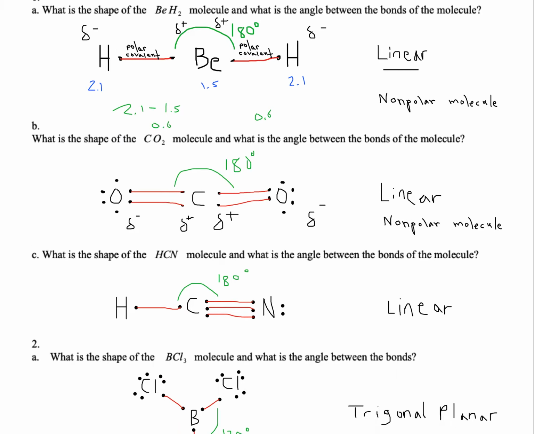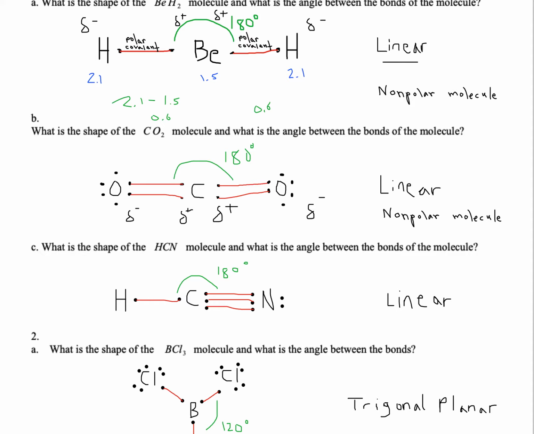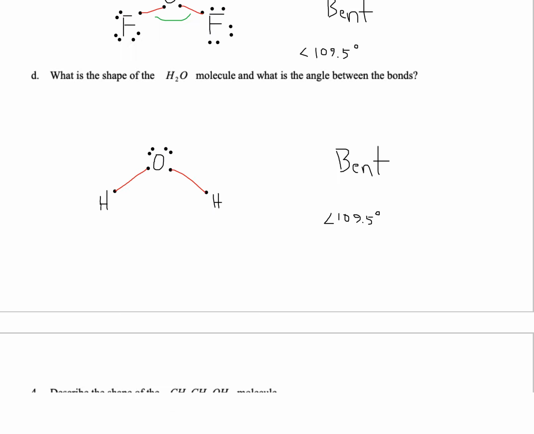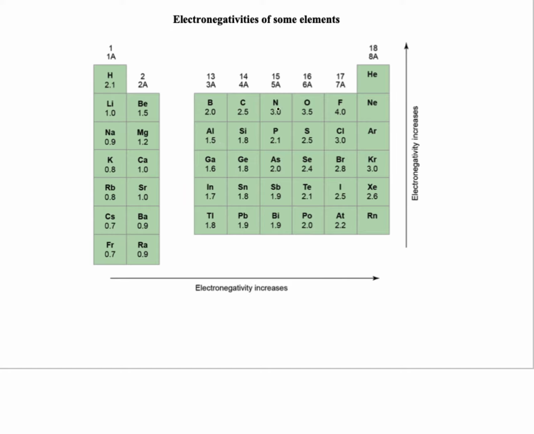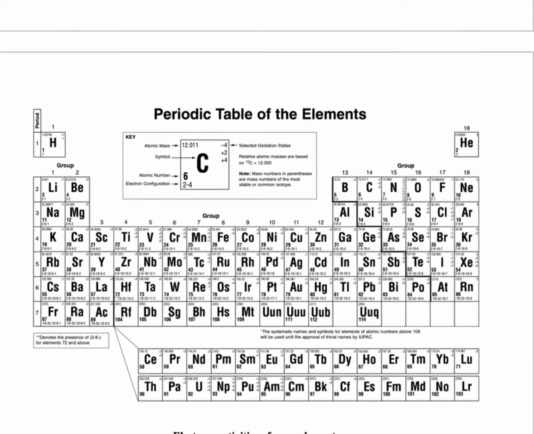But now let's check out when hydrogen is bonded to a carbon and a nitrogen. We know from our previous investigation that this is a linear molecule with 180 degrees between the electron groups. Let's check out the electronegativity of nitrogen. Nitrogen has an electronegativity of 3, carbon was 2.5, and hydrogen was 2.1.